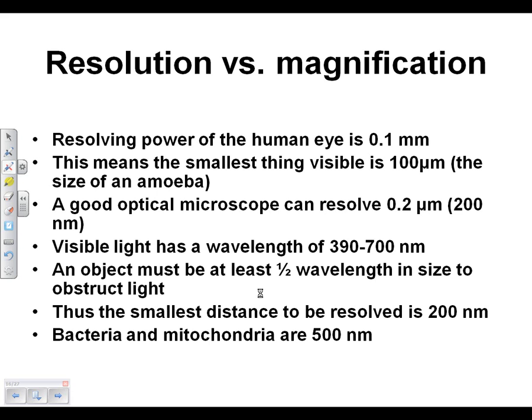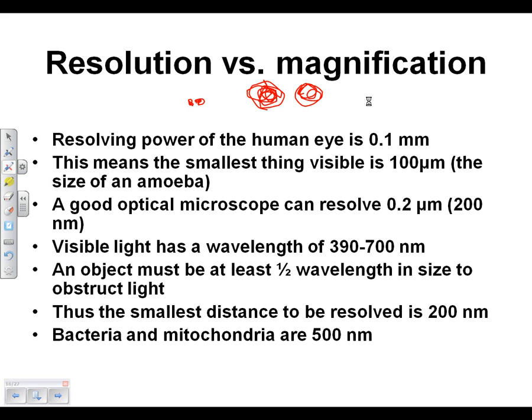And before we go too far, what I want you to think about is resolving power essentially is the ability to say, if there are, for instance, 2 dots under the microscope, I'm able to see them as 2 dots, as opposed to, if I have a really great magnification, I can blow them up really big, but if I see them as one really big dot, then they're wonderfully magnified but not well resolved, right? So you want to have magnification, you want to be able to go from this, but then see still 2 big dots as opposed to 2 little dots, right?